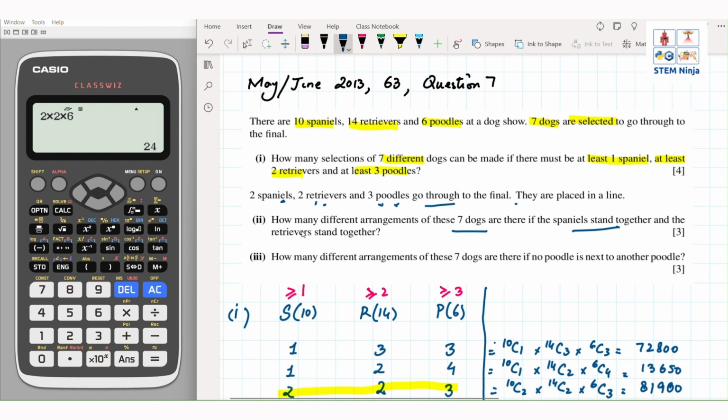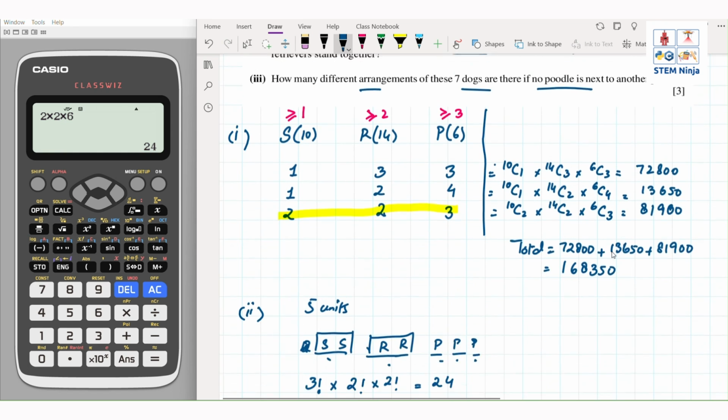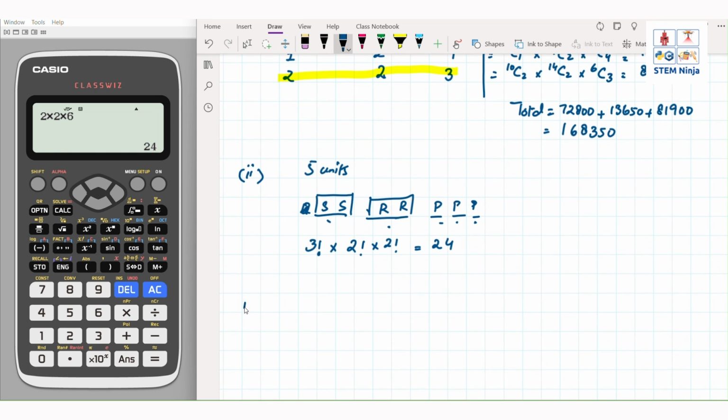Now, how many different arrangements of these 7 dogs are there if there is no poodle next to another poodle? Okay, so we have spaniel, retriever, but poodle can be over here, over here, over here, and over here.